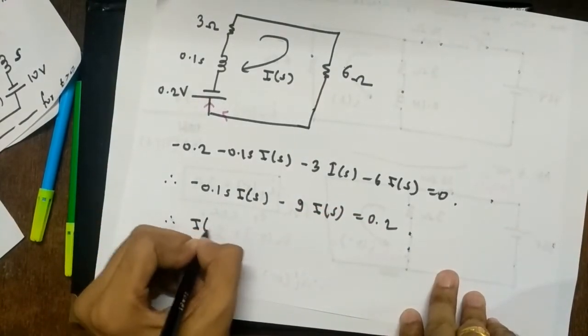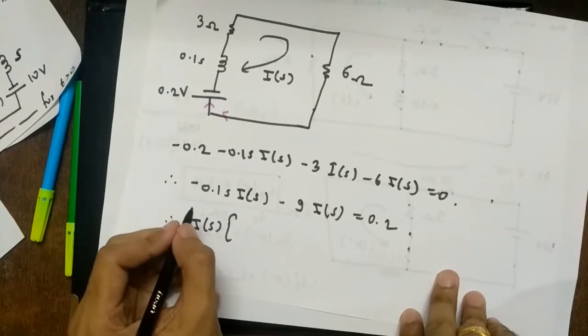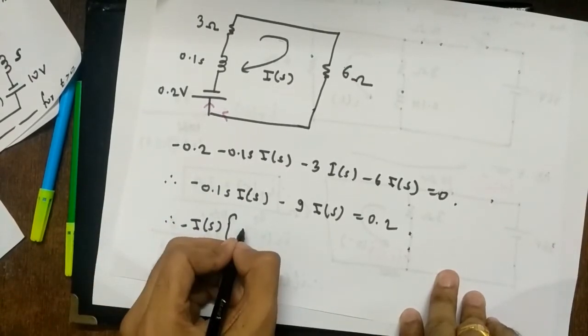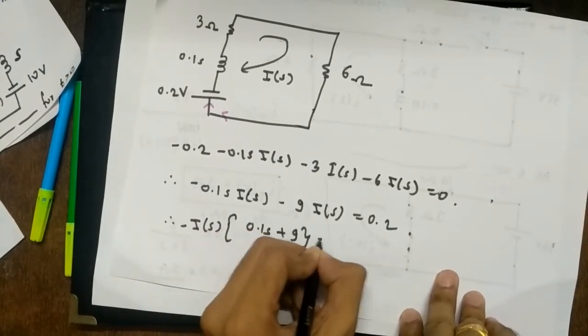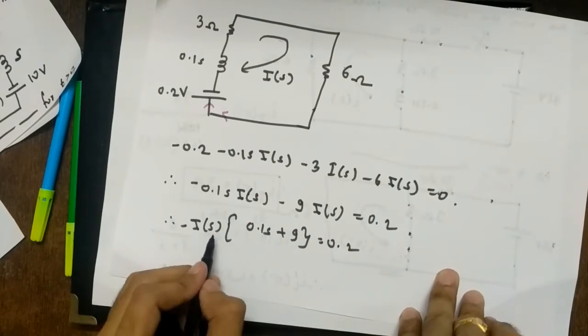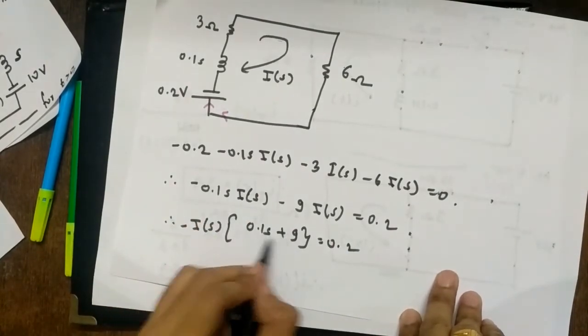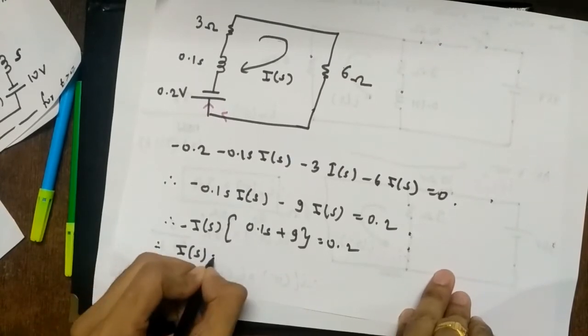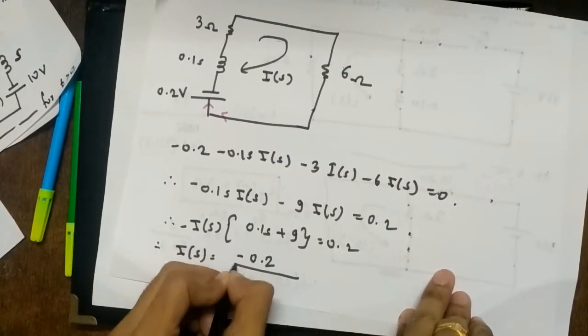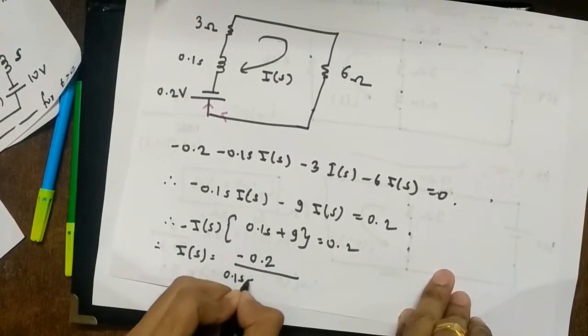So I(s) common, into minus (0.1 s plus 9) equal to 0.2. Am I correct? Therefore I(s) equal to minus 0.2 upon 0.1 s plus 9.